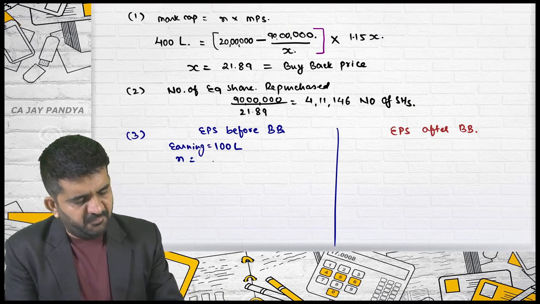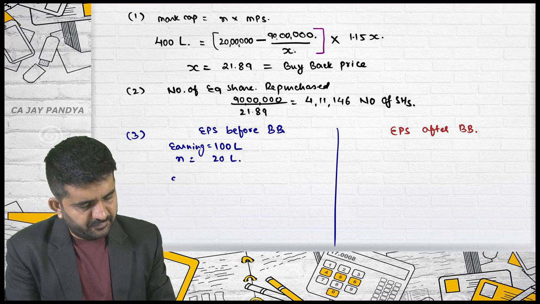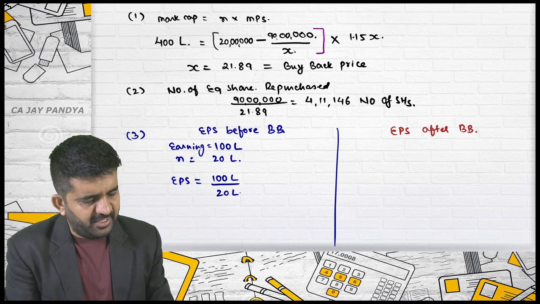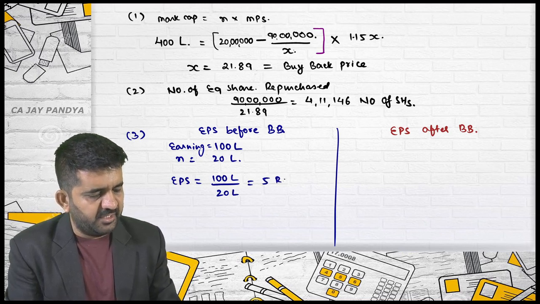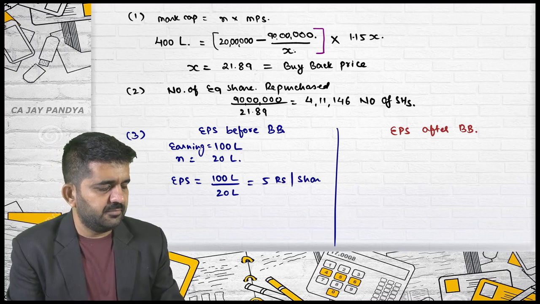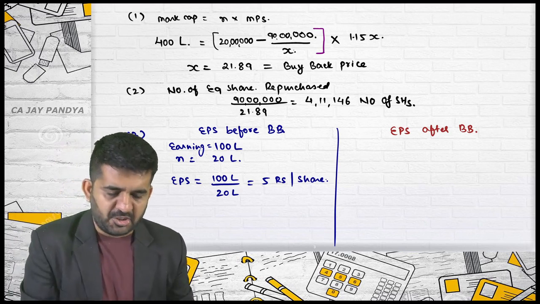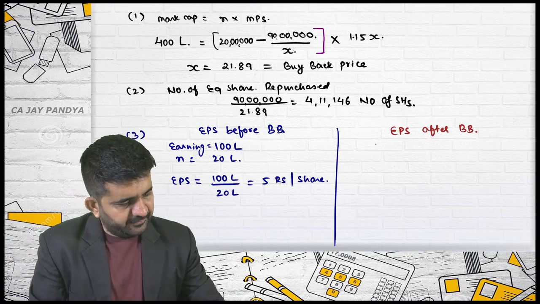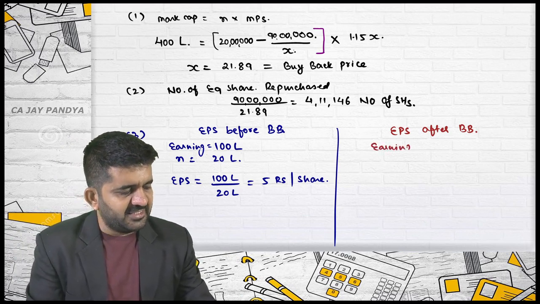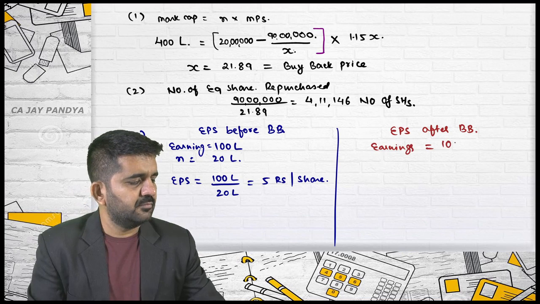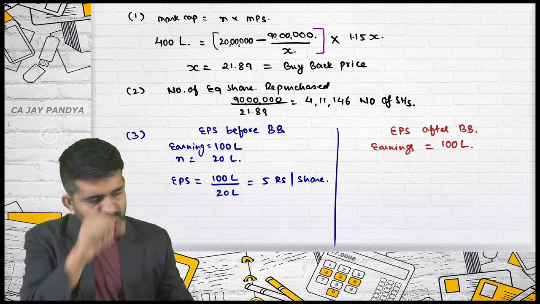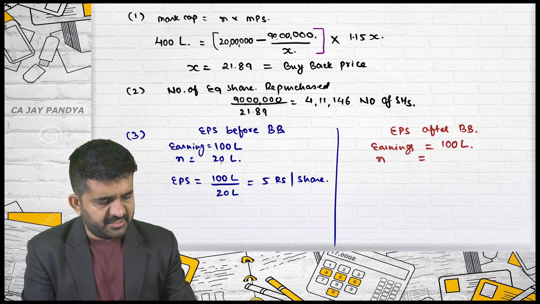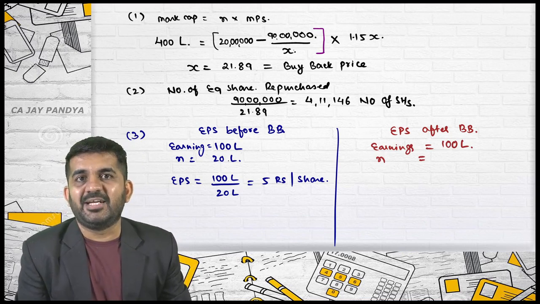Number of shares before buyback was 20 lakhs. EPS will be 100 lakhs divided by 20 lakhs, which is 5 rupees per share. This is the earning per share before buyback. After buyback, earnings is going to remain the same, 100 lakhs. Number of shares will not remain 20 lakhs.